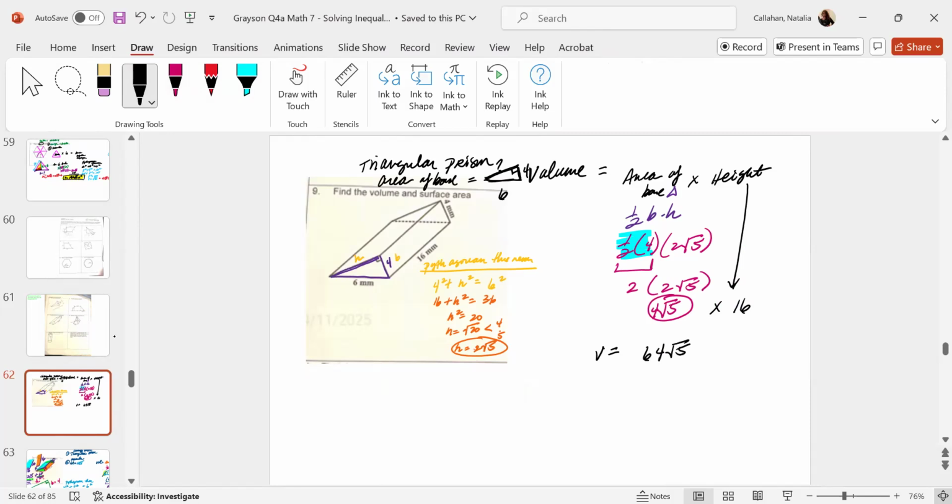You square root it. Good, that's good. Now plug it in. Find the volume.